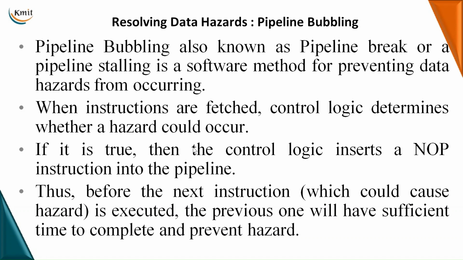Coming to the first method of resolving a data hazard, pipeline bubbling. Pipeline bubbling is also known as a pipeline break or pipeline stalling. It is one of the software methods for preventing the data hazard situation. Pipeline stalling or pipeline bubbling means you delay the execution of an instruction which is caused by a dependency, or by an inability to proceed due to a hazard situation such as a data dependency.